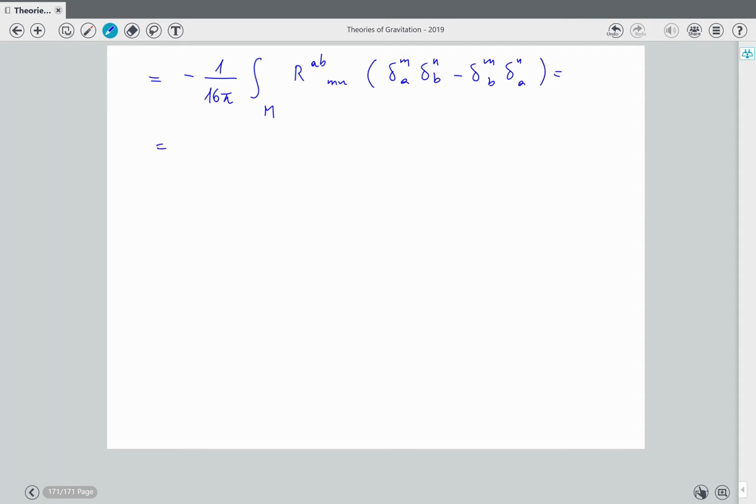So this is R^{MN}_{MN}, this is R. And there was e, and there was d^2x. So you have twice the same thing, minus 1 divided by 8 pi integral d^2x square root of minus g R. So I remember that this should be plus 1 and with 4 pi in the other form, so we have to multiply everything by minus 2.